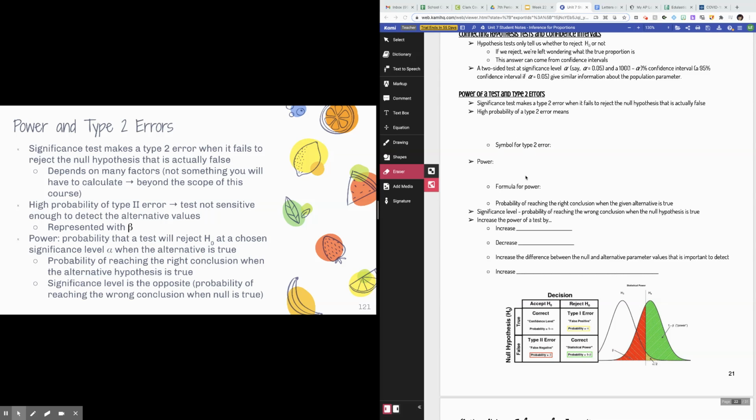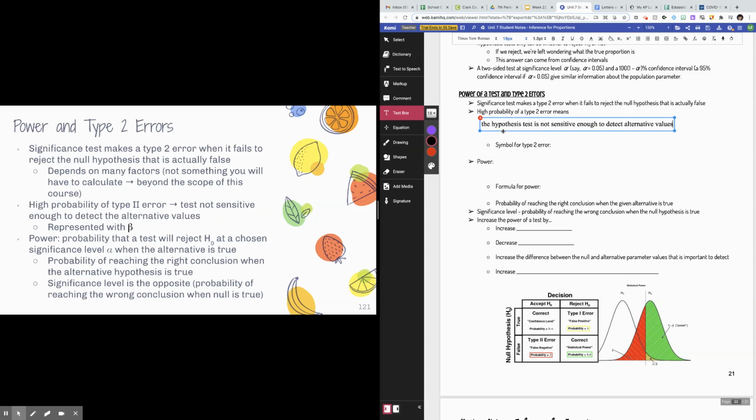But the reason we want to talk about type 2 error is because it's directly connected to this idea of statistical power. So if you have a high probability of type 2 error, what that means is that your test, the significance test or the hypothesis test, is not sensitive enough to detect alternative values.